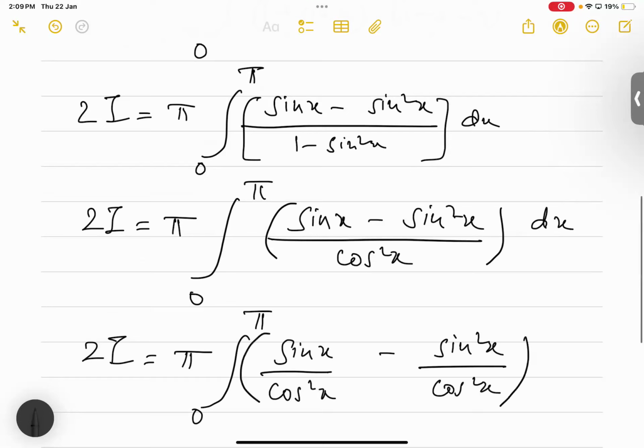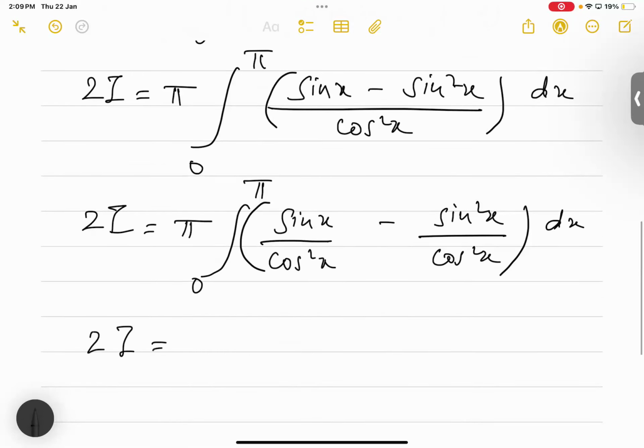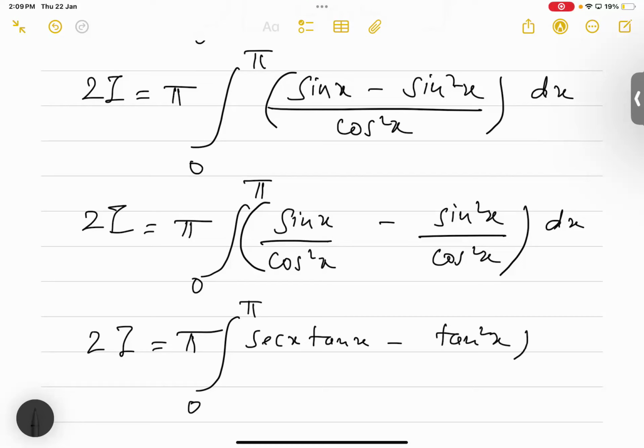Minus one. What is sin upon cos square? Tan x. Take tan x. Minus tan square x.